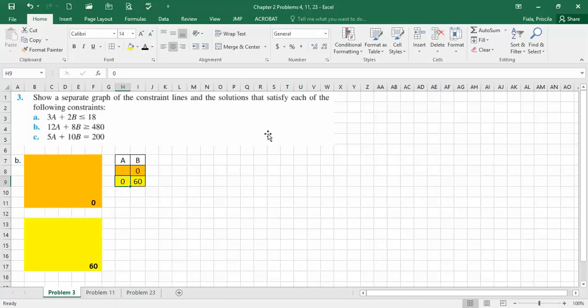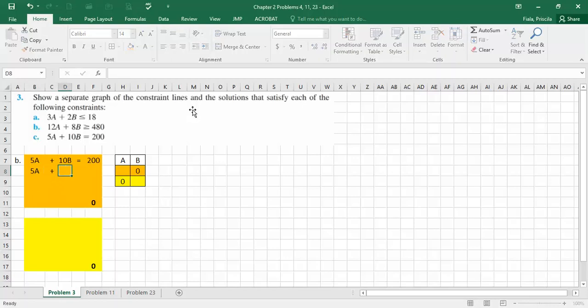So now, okay, the last one, we're going to do 5a plus 10b, and this is literally equals to. So only the points on the line are the feasible solutions. Not above, not below, only the points that fall on the line are the feasible solutions.